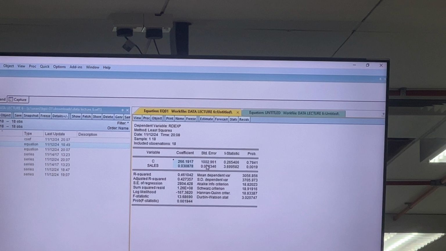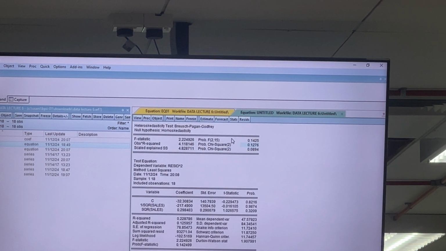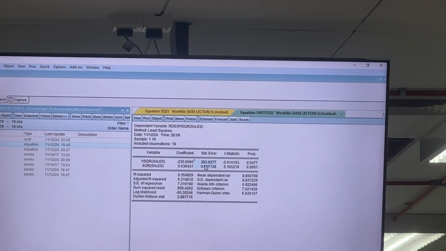But the problem is when there is heteroscedasticity, we have unreliable standard errors, statistics, and p-values. So the reason why we transform the equation is to help us get more reliable estimates of standard errors, statistics, and p-values, so that we are more confident to make a conclusion whether sales have a significant influence on the dependent variable, R&D expenditure.